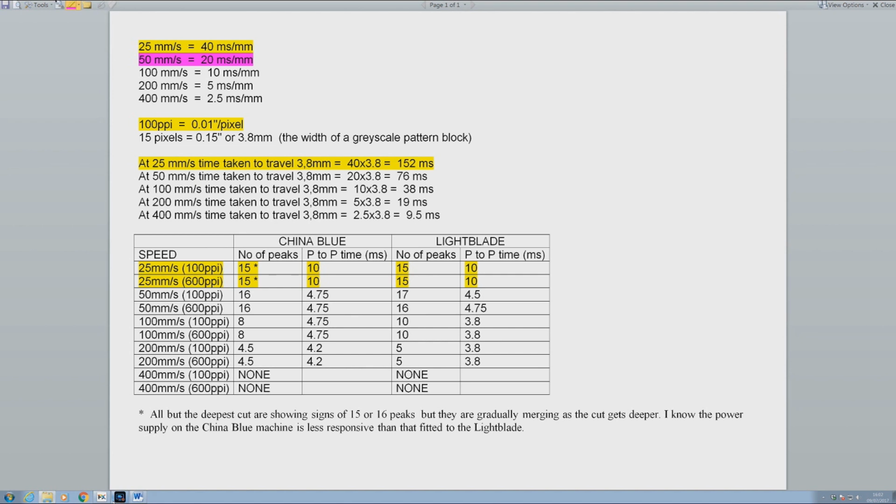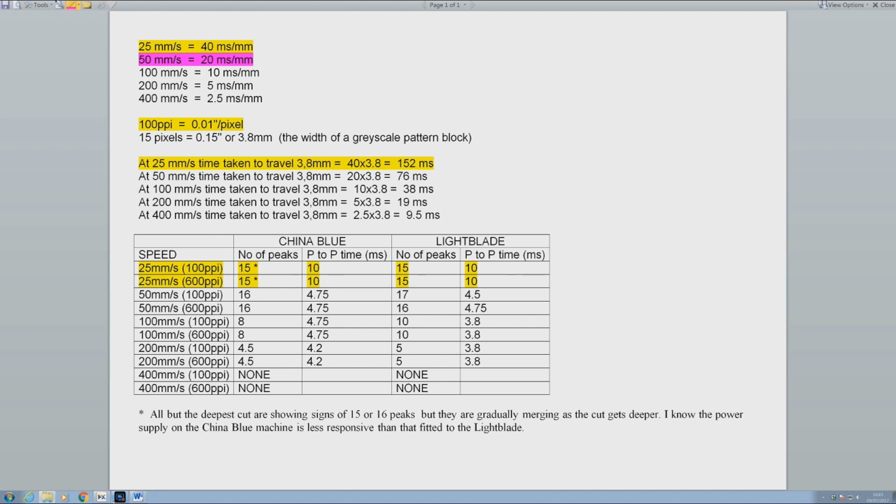Now, if we convert that 100 pixels per inch resolution to a peak-to-peak time, it comes out at 5 milliseconds. Now that's rather interesting, isn't it? Because if we start looking down at 50, 100 and 200 milliseconds, we find that the peak-to-peak times are about, but not specifically, 5 milliseconds.